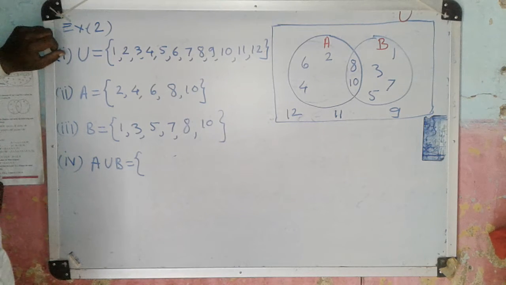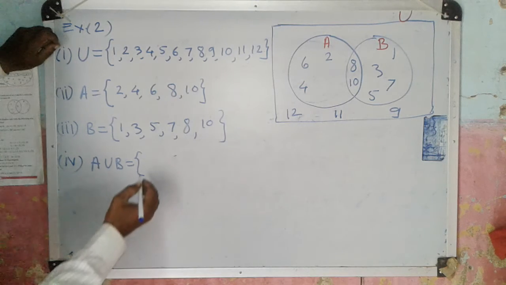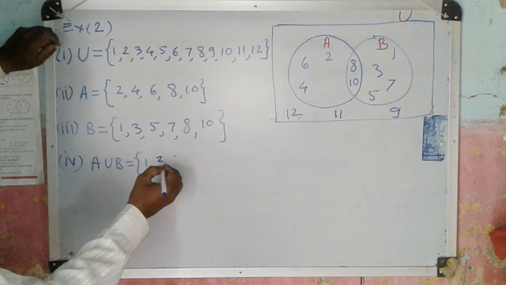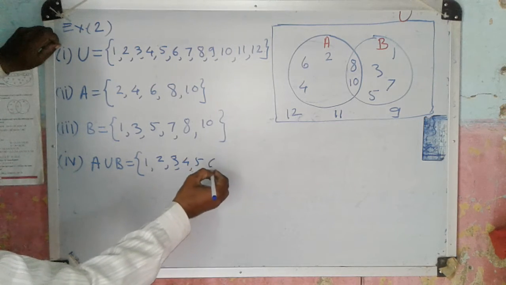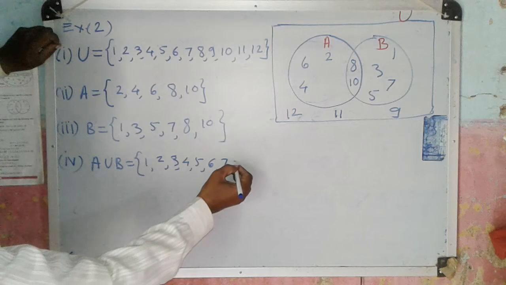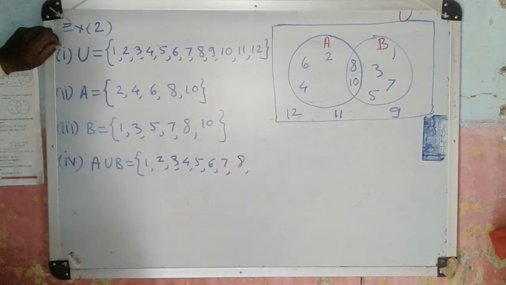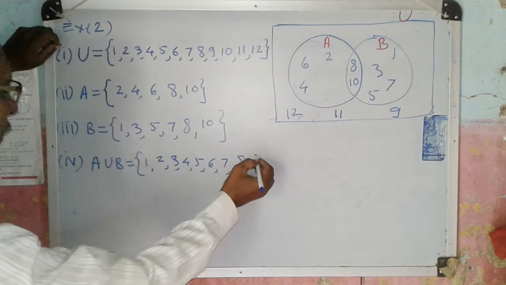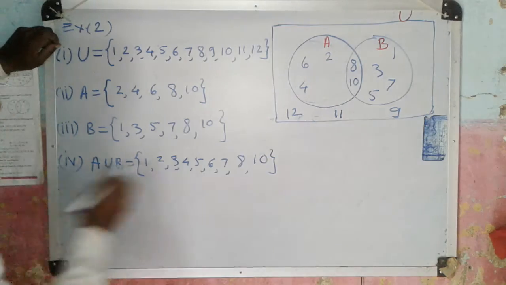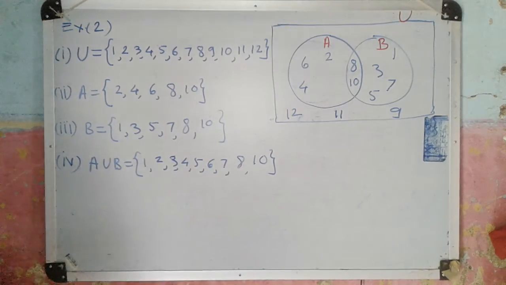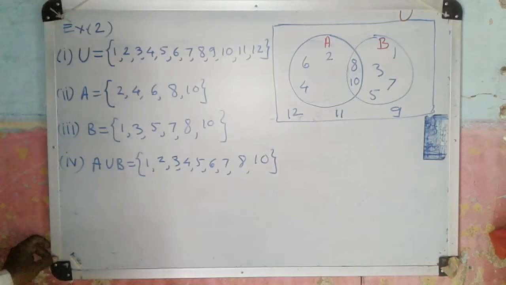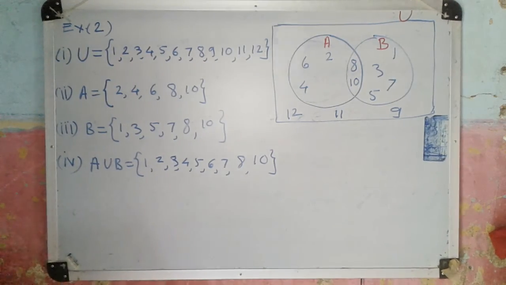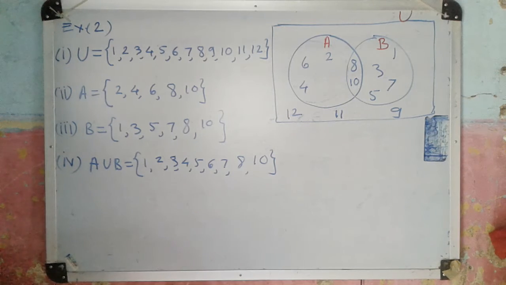So A union B is equal to 1, 2, 3, 4, 5, 6, 7, 8 and 10. See, the elements of A and the elements of B.